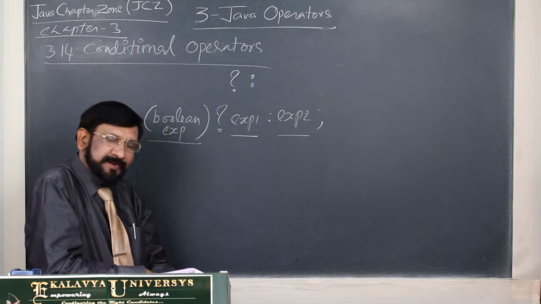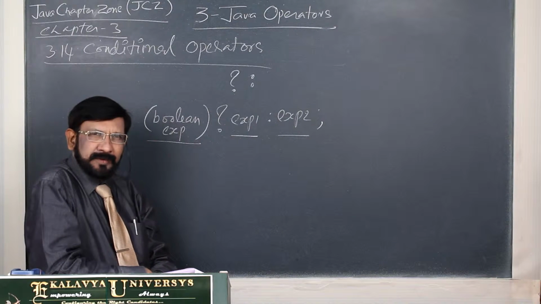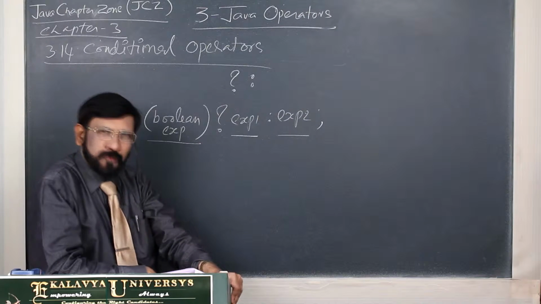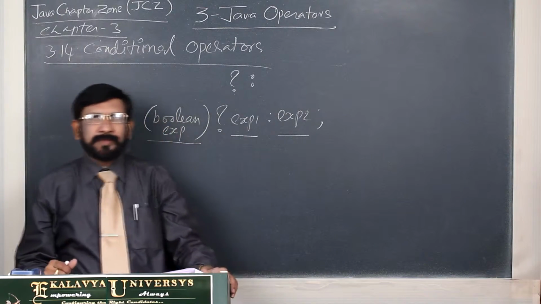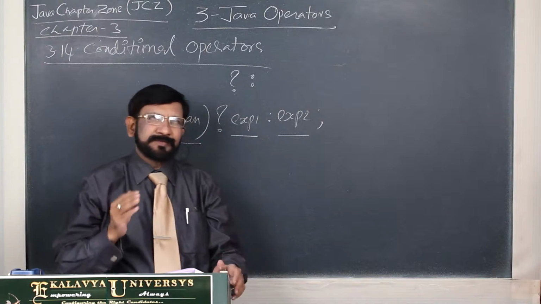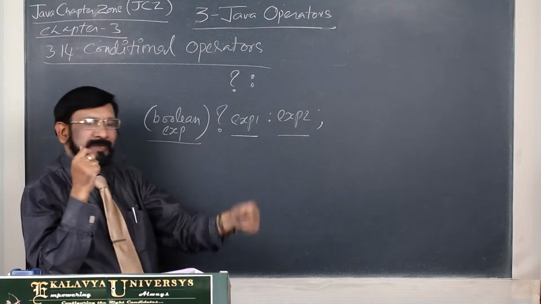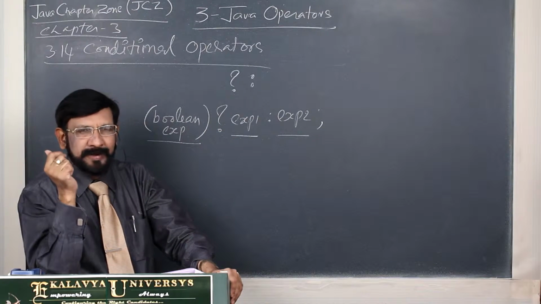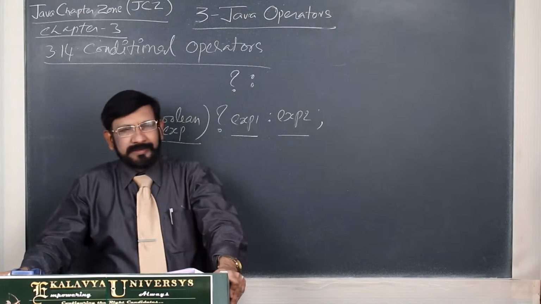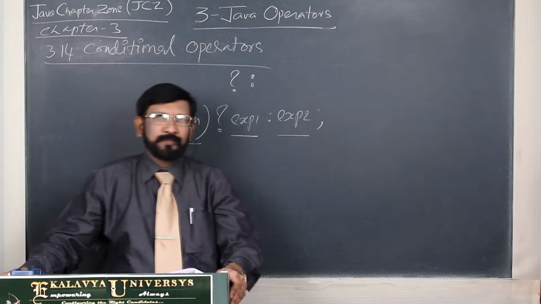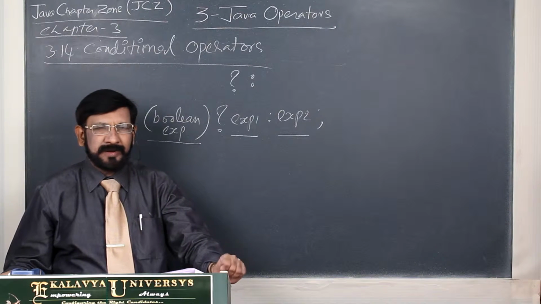Selection control structures we discuss in the next chapter, the fourth chapter. But whenever you have to perform a simple selection, you can use these conditional operators or ternary operators. Always remember that. On this, I will show you some demos, then you can understand the functionality.